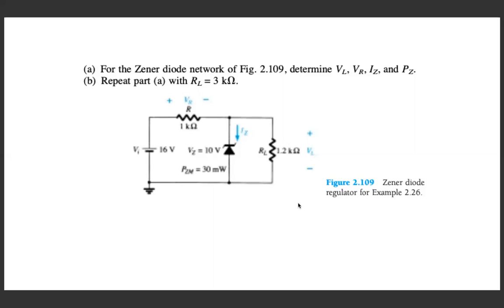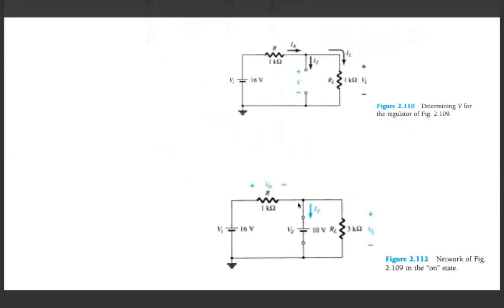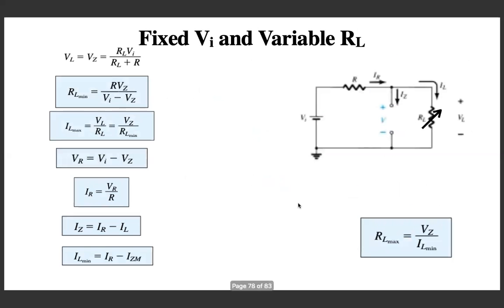So this is what we are going to study next. We will try to solve some problems where the input voltage Vi is fixed, and the load resistance RL is variable. So the value of the load resistance is fluctuating, increasing or decreasing.